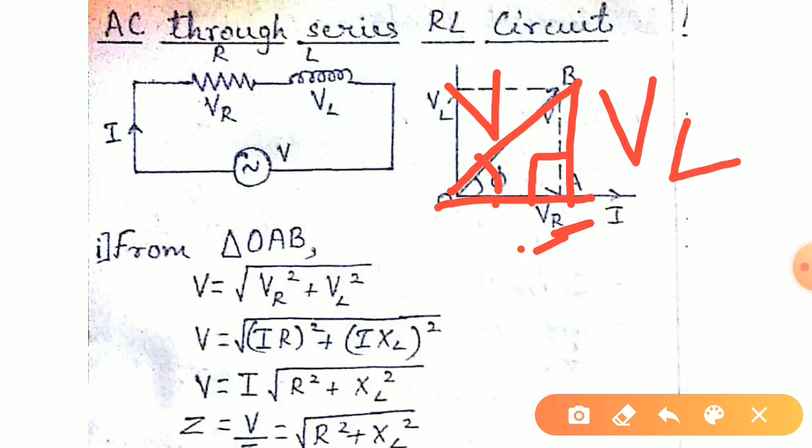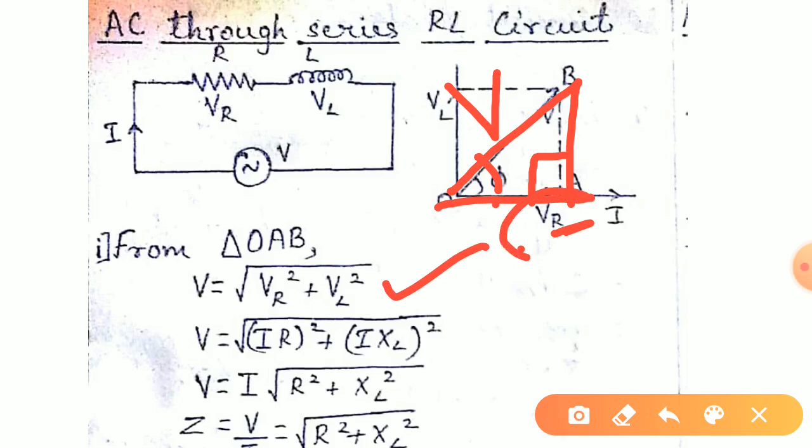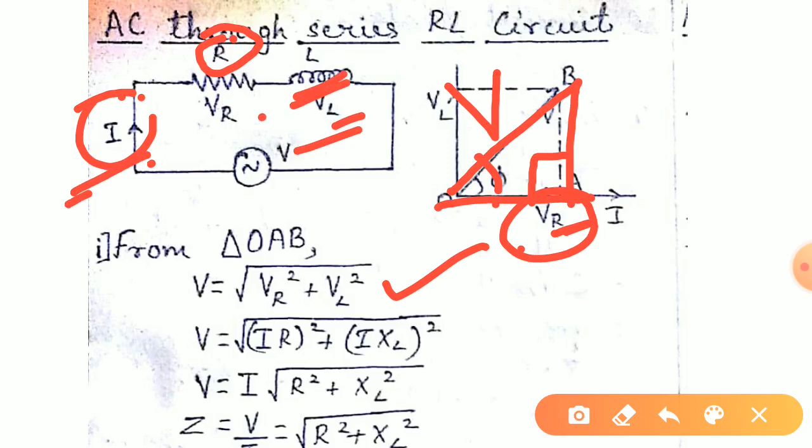Height is VL here. Here VR is equal to I into R and VL is equal to I into XL.